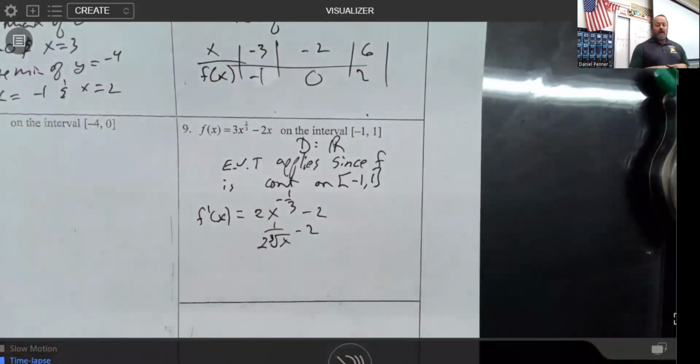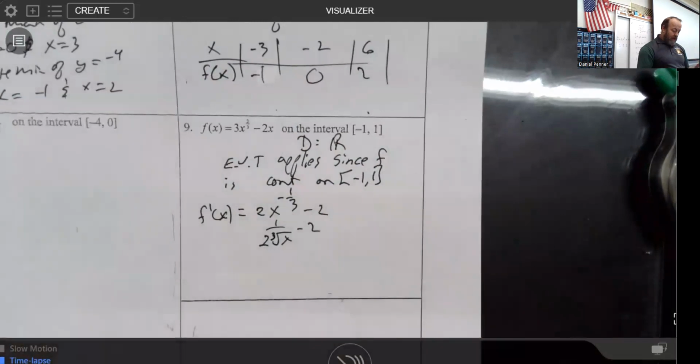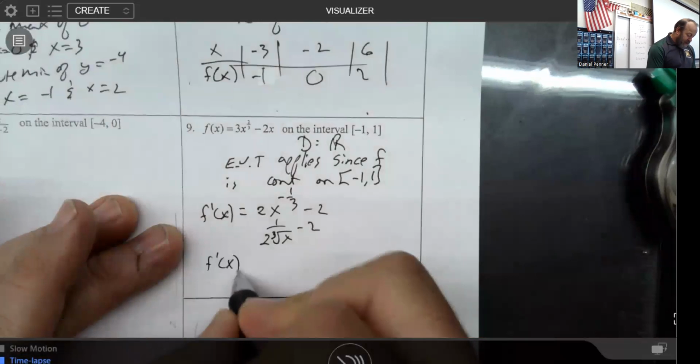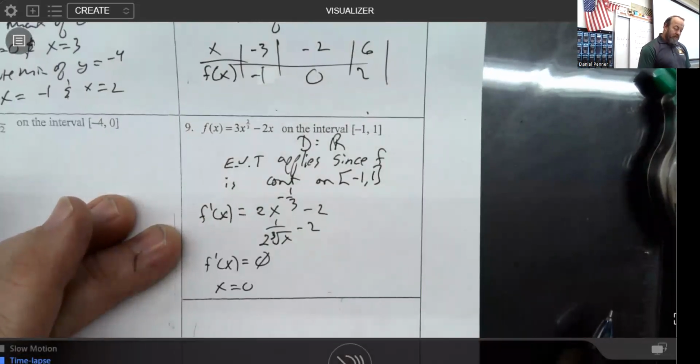Now, again, I need to decide anywhere where this is undefined and or 0. And clearly I can see that f prime is going to be undefined at x equals 0. So that's going to be one of my conditions that I'm concerned with.